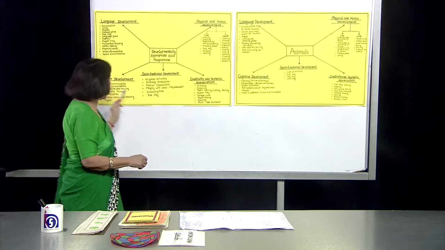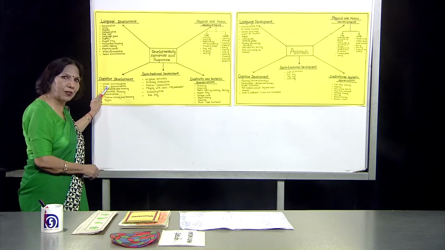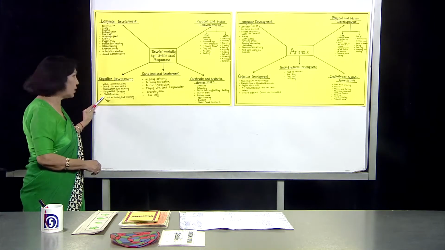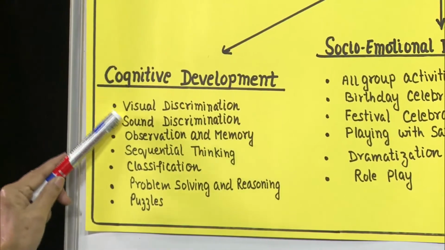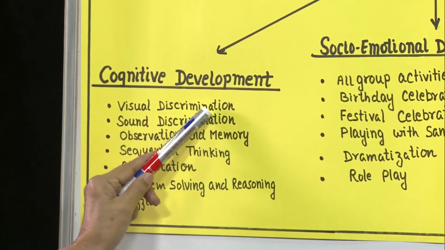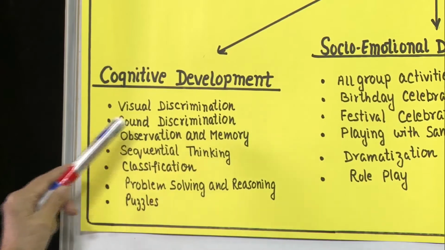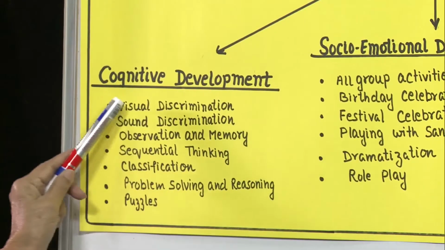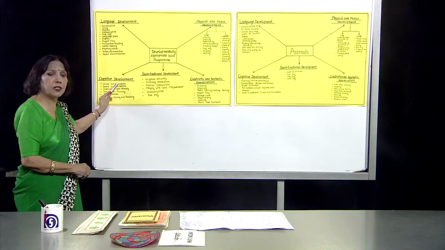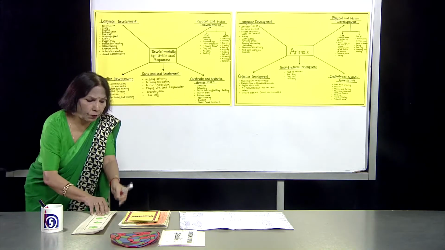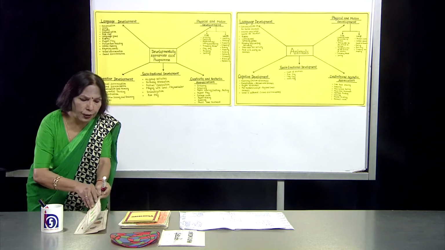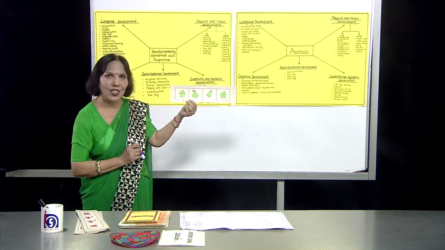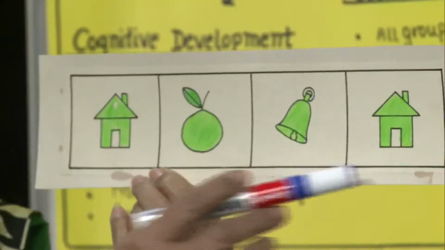Now come to cognitive development. For cognitive development there are some activities which are very important: activities for visual discrimination skill and activities for sound discrimination skill. Now, what is visual discrimination skill? You can ask the children which two pictures are same.